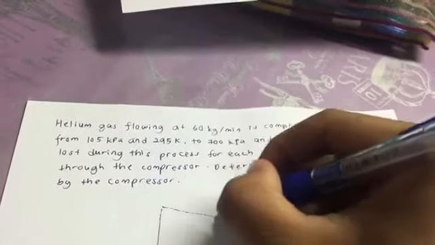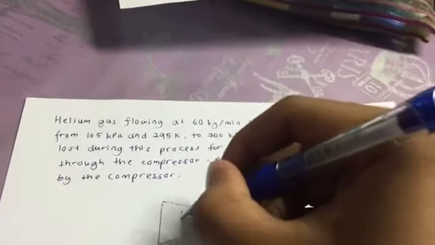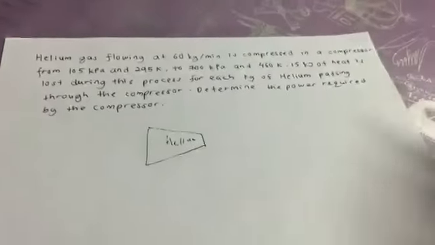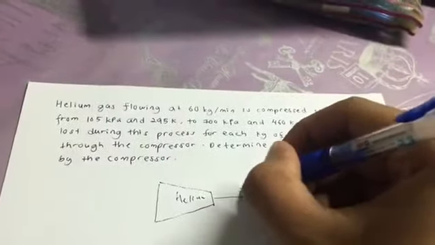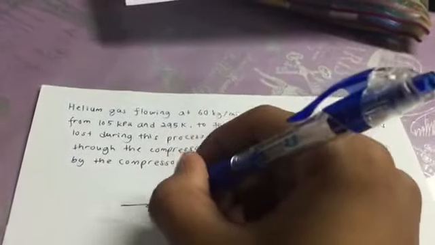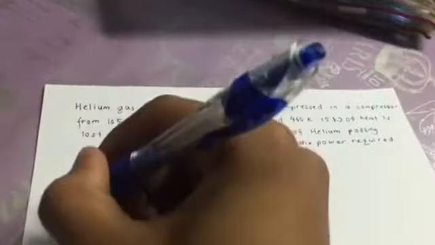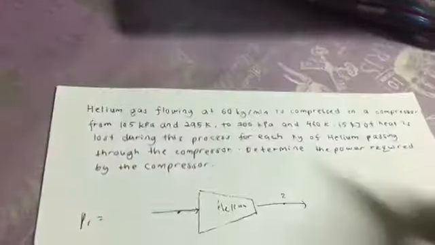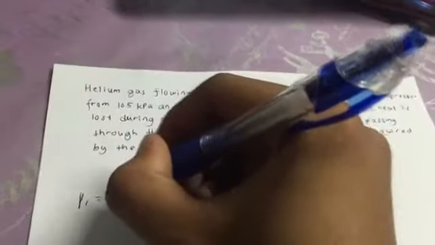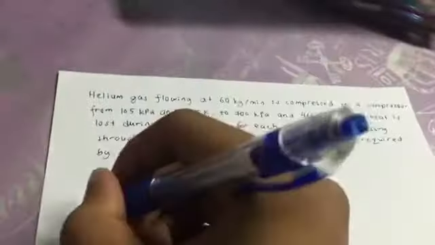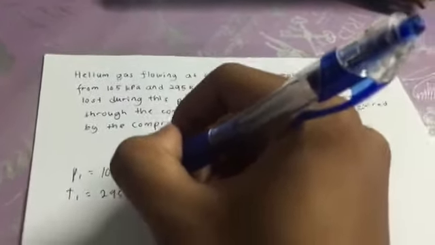Okay, first draw the diagram, like that, with helium in and out. So P1 equal to 105 kilopascal and T1 equal to 295 Kelvin.